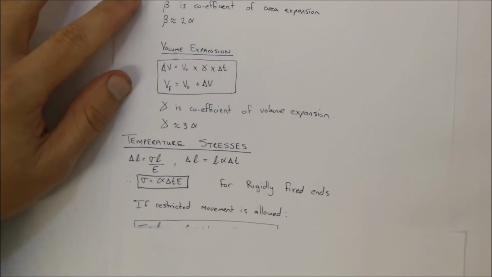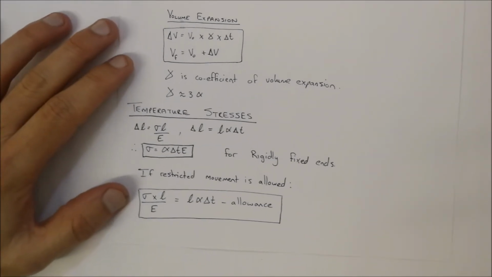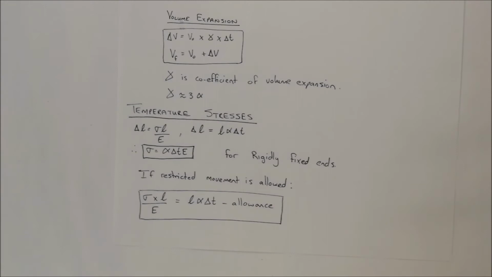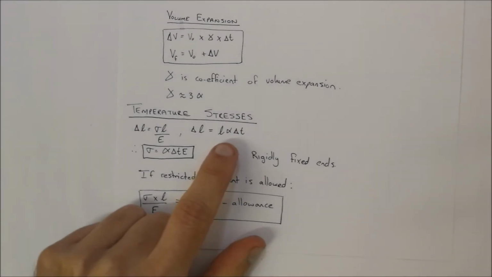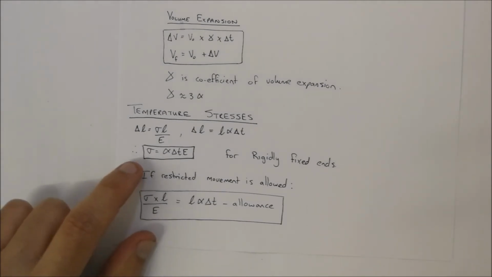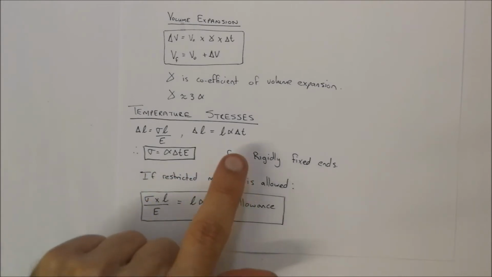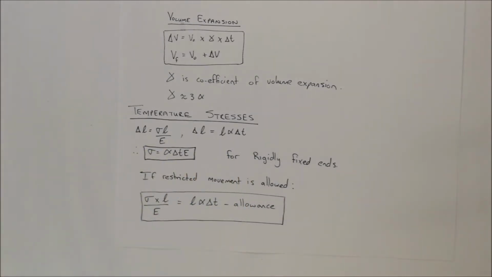Finally, we're looking at temperature stresses, which are also equations you need to be familiar with. We know that delta L is equal to stress times the original length over E. We also know that delta L is equal to the original length multiplied by alpha multiplied by delta T, which we just looked at for linear expansion. Therefore, stress is equal to alpha delta T E, by making these two formulas equal to each other.